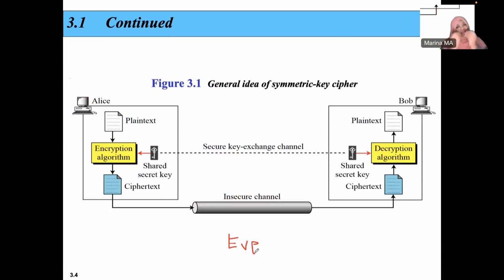Alice has a plain text, meaning your email, your will, my exam question, that you want to hide to provide confidentiality so people don't read it. So how you do it, you encrypt it.